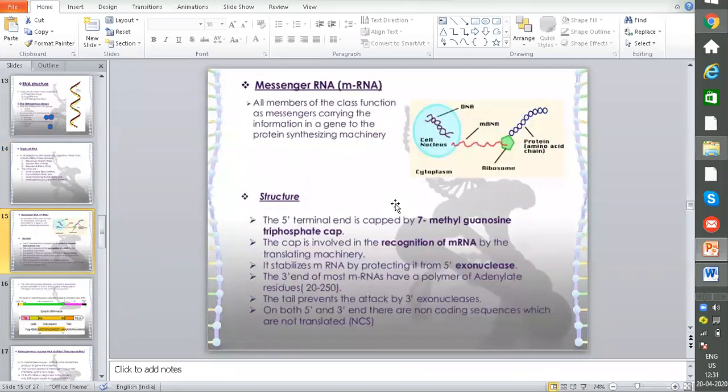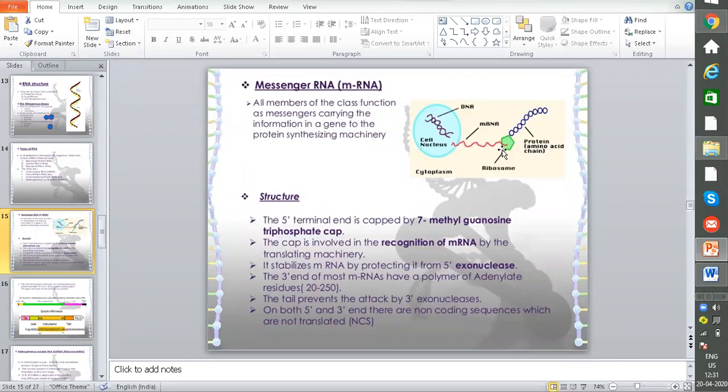The first one is messenger RNA. The name itself indicates that it is a messenger, which takes the information in the gene and sends it to a ribosome. A protein molecule will be synthesized at the ribosome area, and for that it requires information.